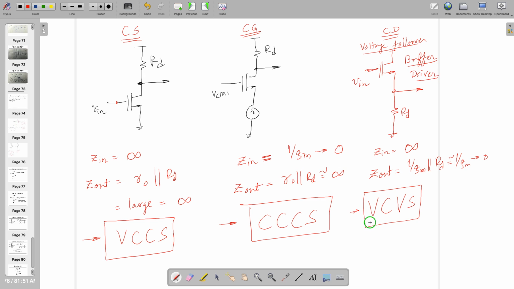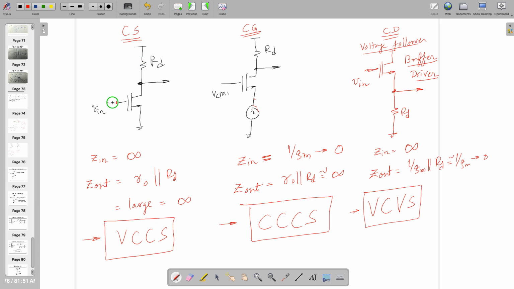But this is actually voltage controlled voltage source, or we can say that it will not give you loading effect. But in the case of common gate, as the input is 1 by GM, if you are going to apply directly anything over here, it will load because the input impedance is 1 by GM. Whereas in this case, it's separate.